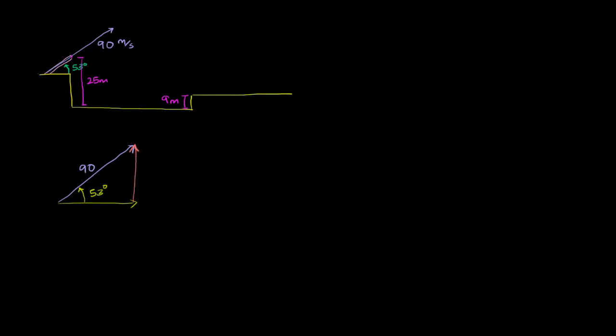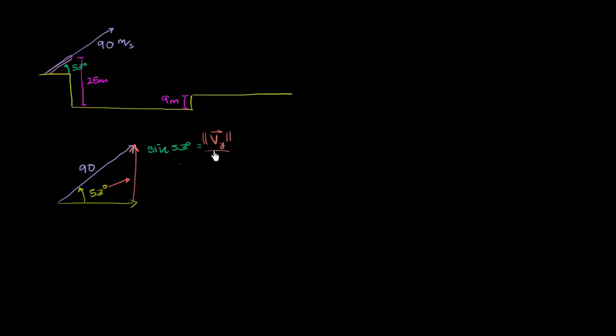And so the vertical component of the vector, what would be the length of this side right over here? Well, this is the opposite side. We know from basic trigonometry, sine of an angle is opposite over the hypotenuse. So the sine of 53 degrees is equal to this opposite side, which is the magnitude of the vertical velocity.